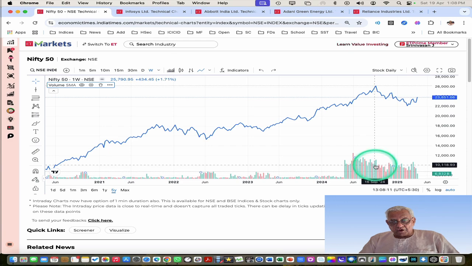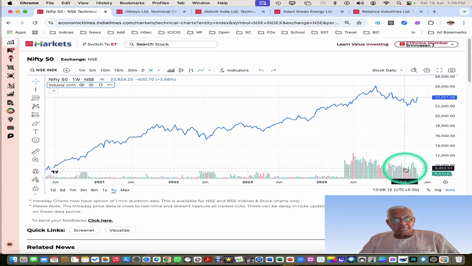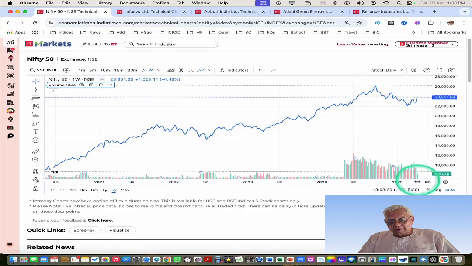But then you saw the downward trend come once the election of President Trump happened, and then after that you can see it fell further down thanks to the Trump tariffs announcements, and then it has continued to go up, but once it has come to a particular point you can see the volume has actually dropped.